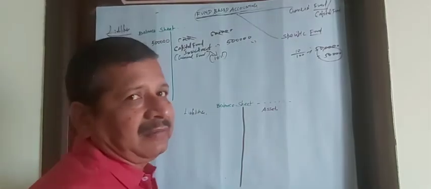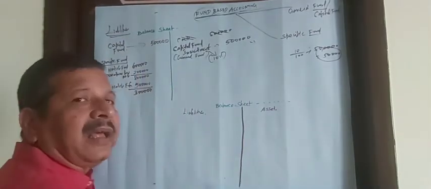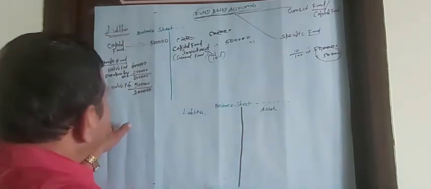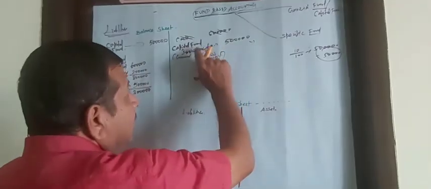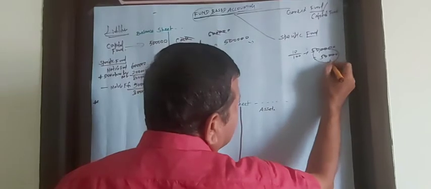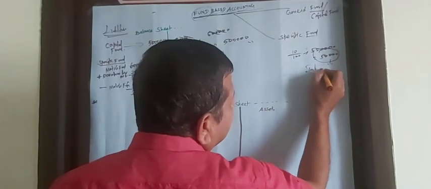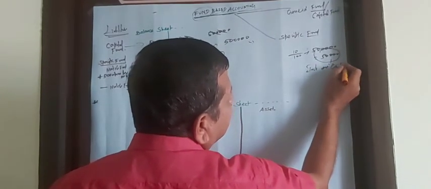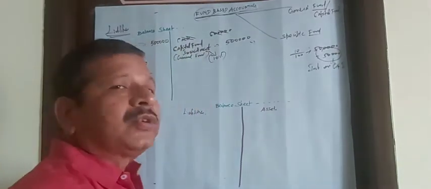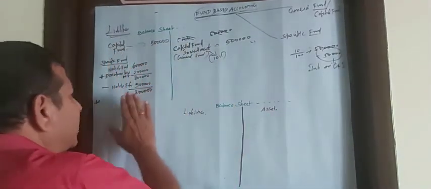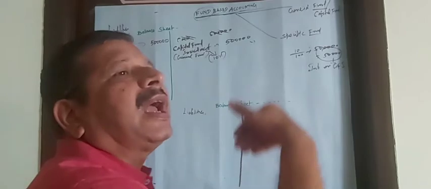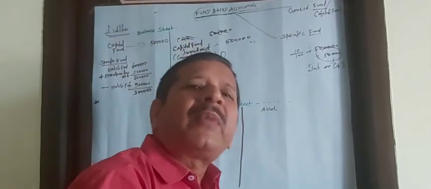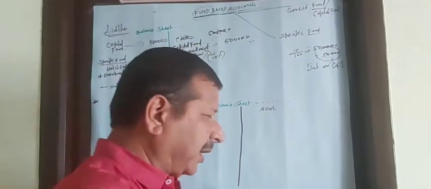That's why I was about to add that, but it should not be added with the specific fund. This general fund income, that is, interest on general fund investment, should not be added with the specific fund. It will be recorded on the income side of the income and expenditure account.